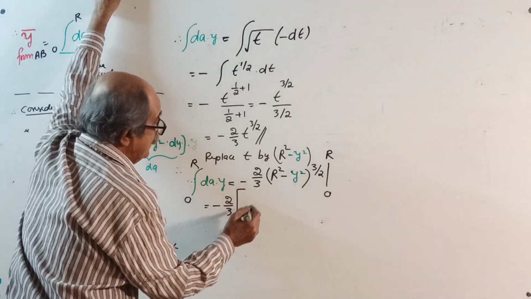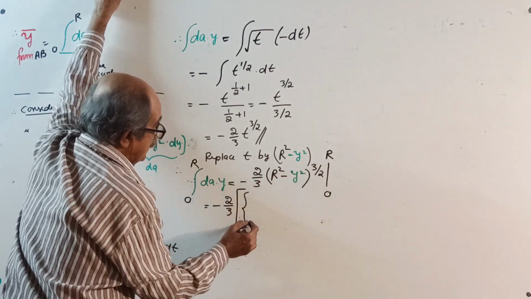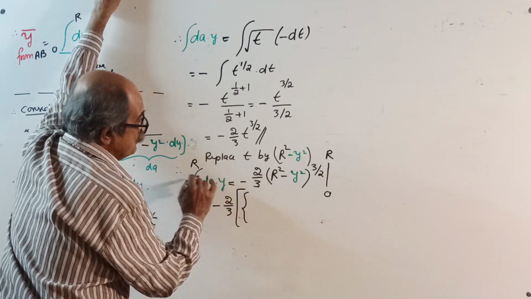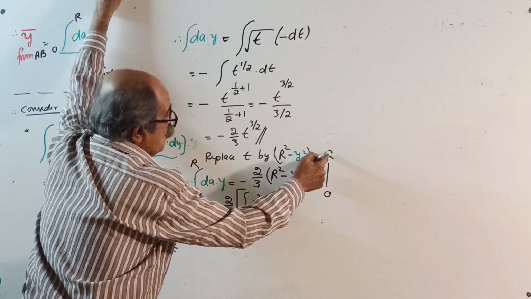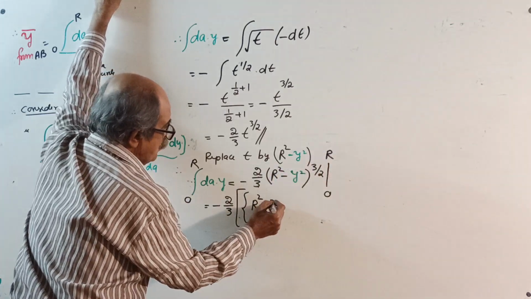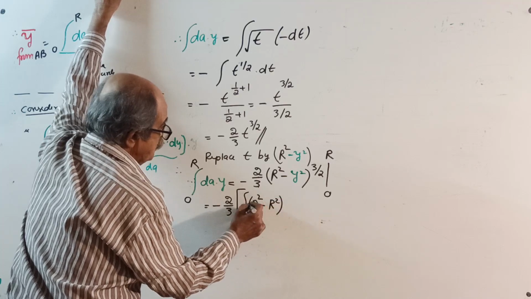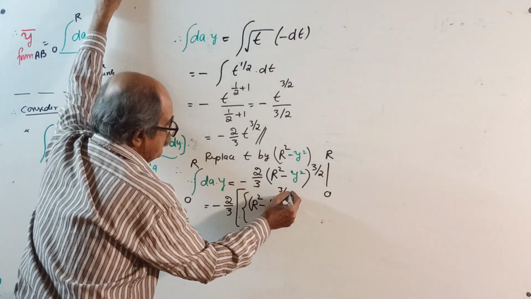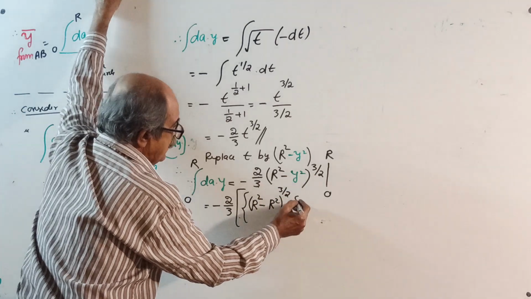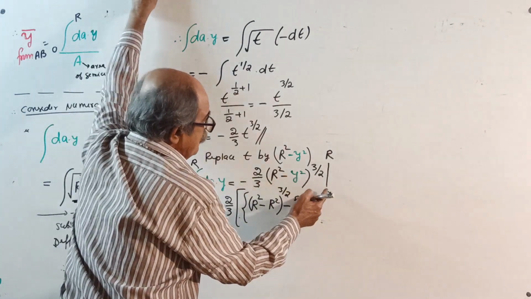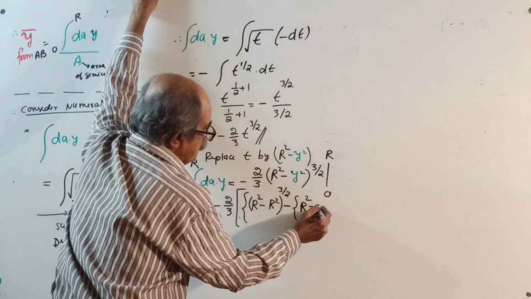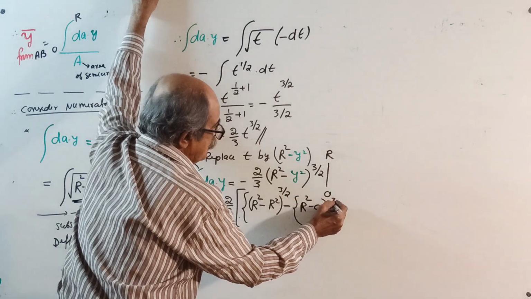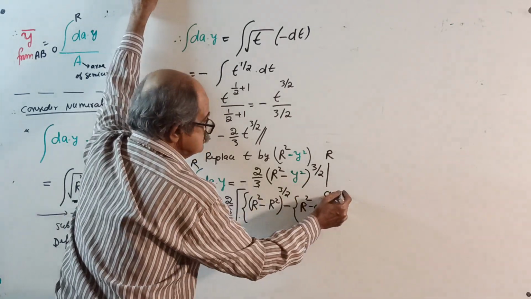2 by 3 is already outside. First bracket: r square minus y with y equal to r, r square, one term, to the power 3 by 2, minus, again a bracket, put the lower limit y equal to 0: r square minus 0 to the power 3 by 2.